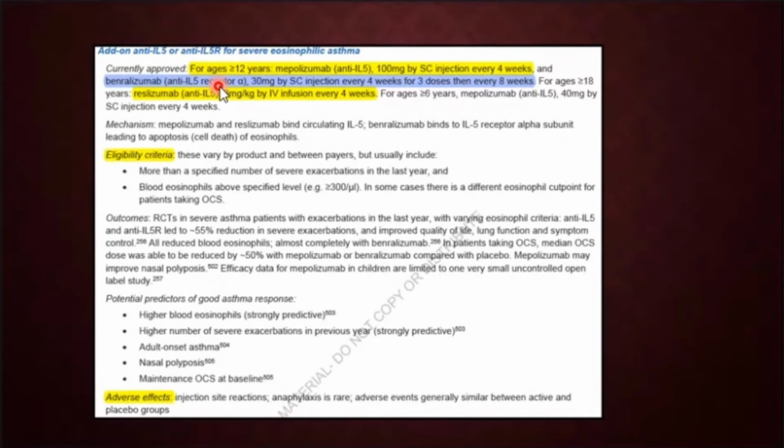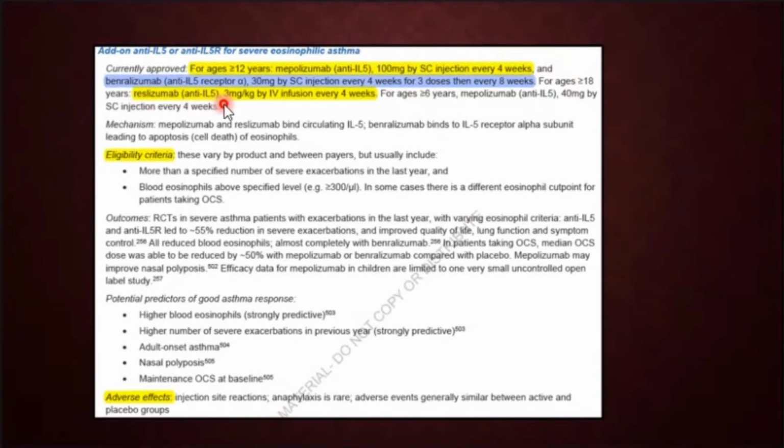Benralizumab, which is an anti-IL-5 receptor alpha, acts on the IL-5 receptor, and is given 30 milligrams by subcutaneous injection every 4 weeks for 3 doses, then every 8 weeks. Okay. Then for adults above 18 years, you have another anti-IL-5, which is reslizumab.